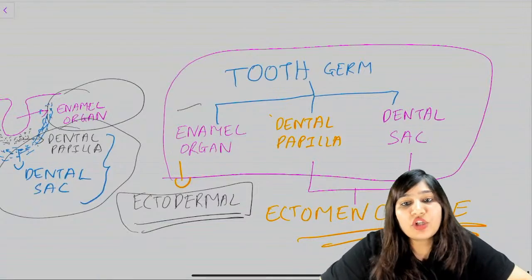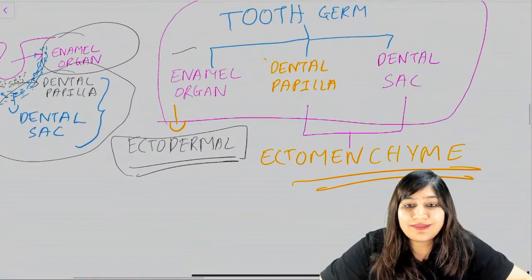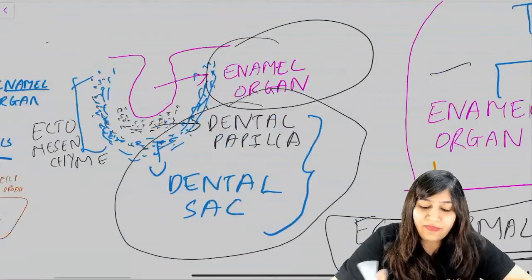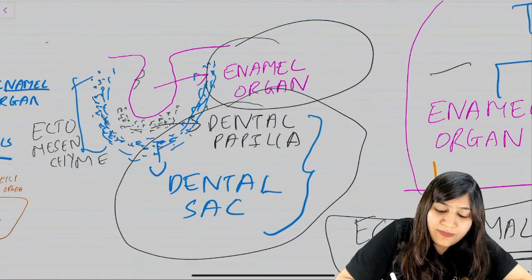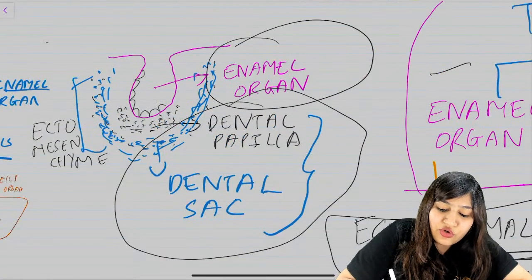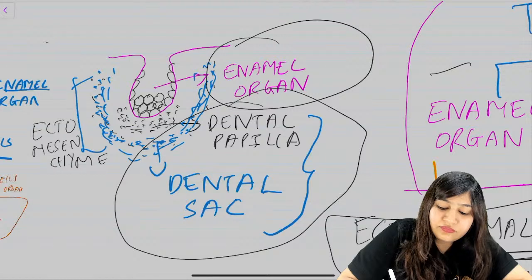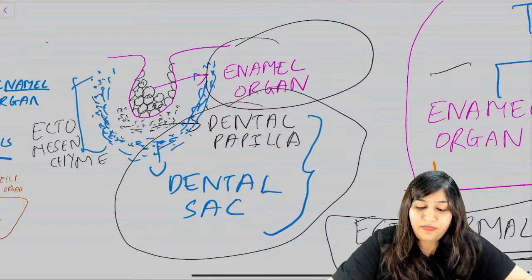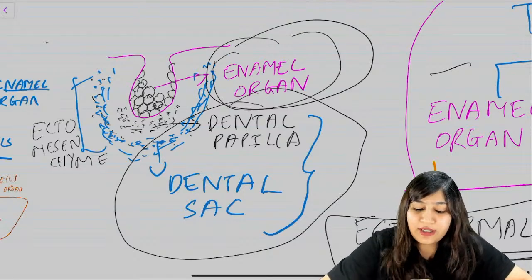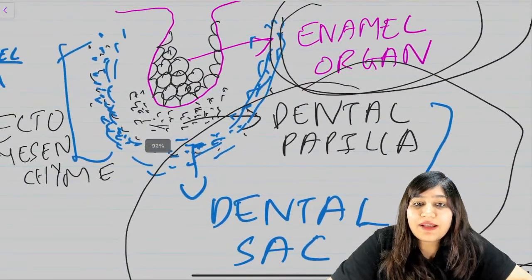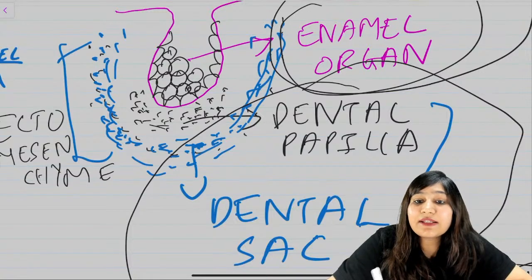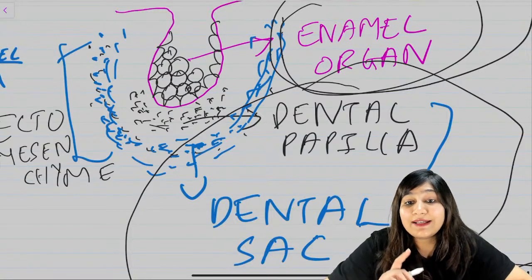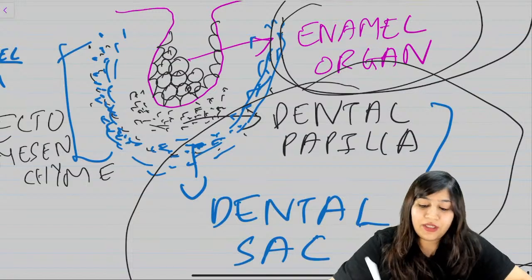And from the diagram also you can now easily appreciate, right? Enamel organ, outermost low columnar cells and central polyhedral cells. Two-cell layered, this is our enamel organ. Condensation of ectomesenchymal cells just adjacent to the enamel organ is dental papilla.